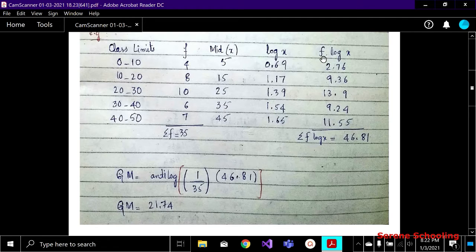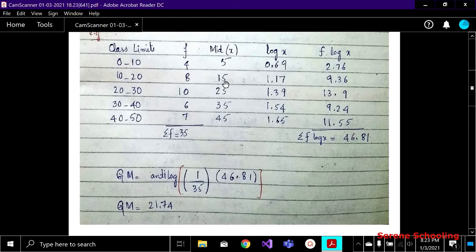This f will not be the total number of frequencies or total number of values in the class, but it will be the f of that particular class. We are in this class right now, so we take this frequency and multiply it with this log x, and it gives us this. Similarly we are given that 8 data values fall in this class, so we find its midpoint, right?